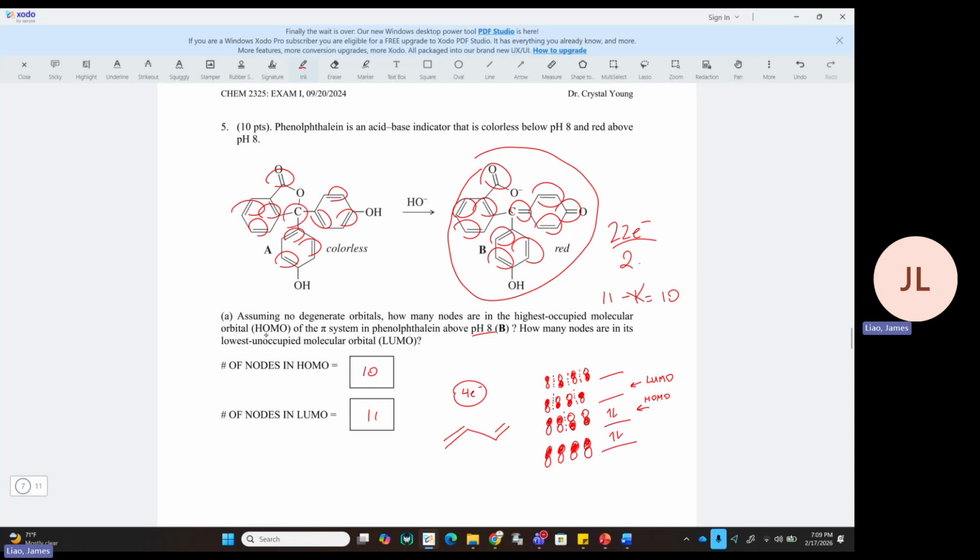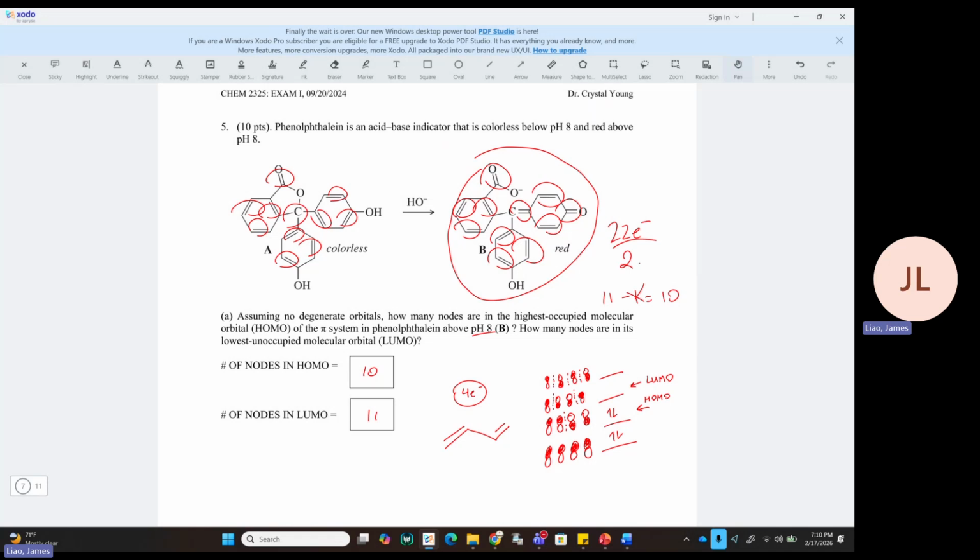See this sp3 right here? That means I can only stack up to about 5 nodes. That means the gap between node 3 and node 4, which is the HOMO and LUMO of a benzene ring, is too large. So it's going to emit in the ultraviolet spectrum, if you have UV eyes.